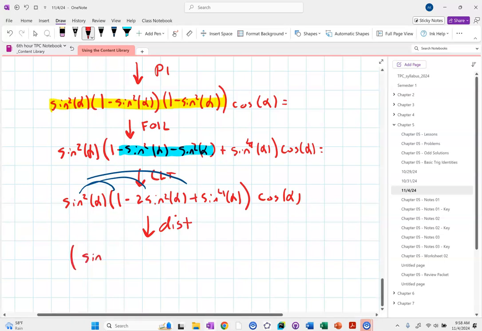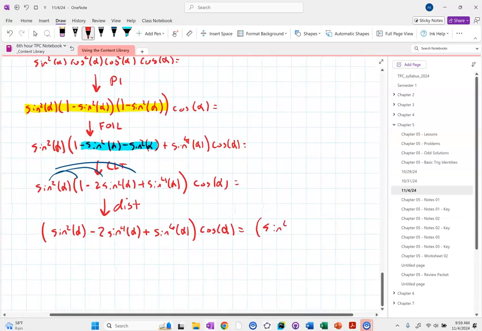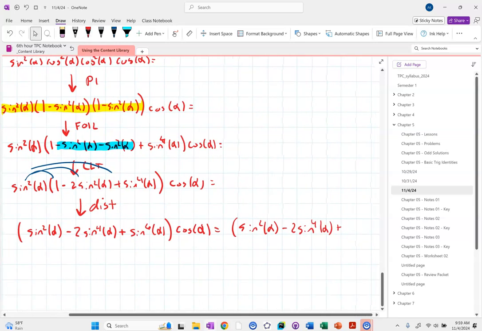So 1 times sine squared is sine squared. Sine squared times negative 2 sine squared is negative 2 sine to the fourth. And sine squared times sine to the fourth is sine to the sixth. Remember, we're adding exponents when we multiply, right? And what do we notice now? That's actually exactly what we're supposed to have. And we're done.